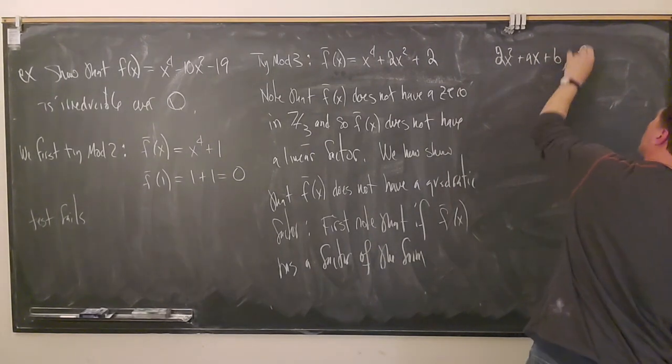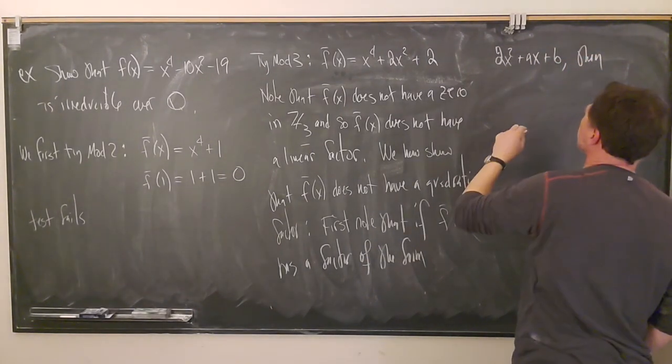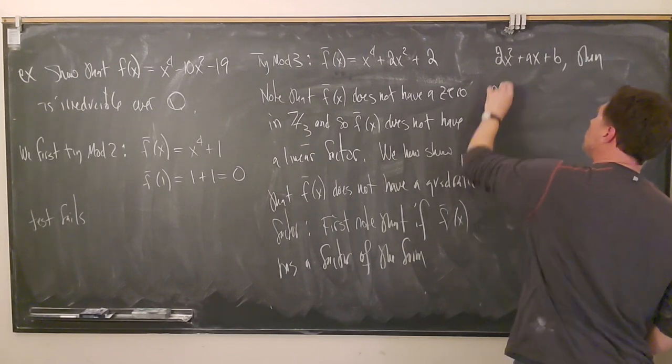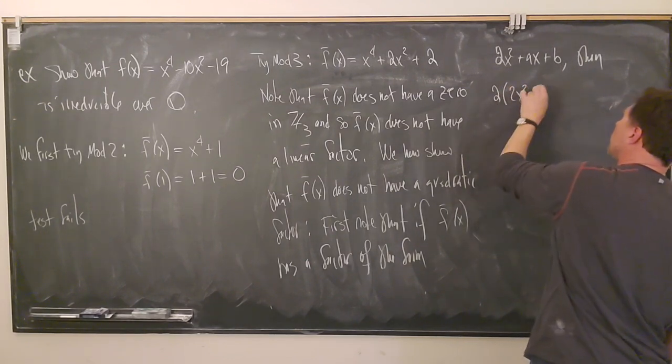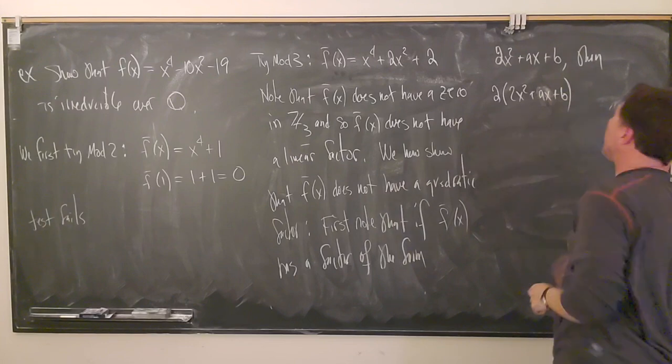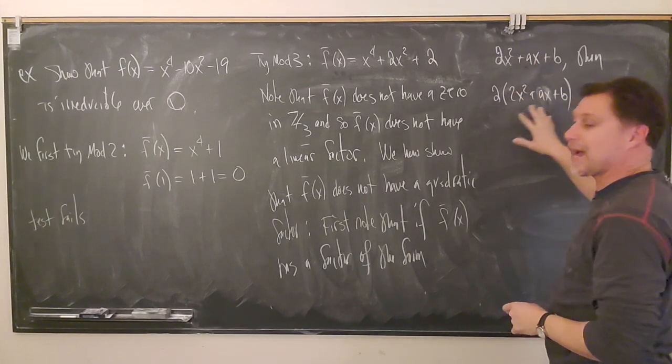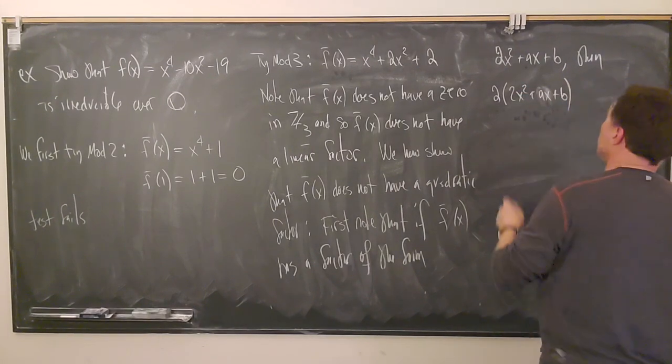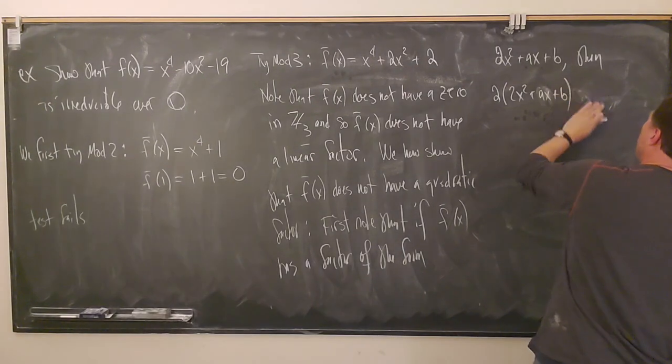plus b, then by multiplying by 2, we get 2 times 2x squared plus 2a plus ax plus b, right? If this is a factor, then 2 times it is also a factor. So then this is a factor, and let's write this out.